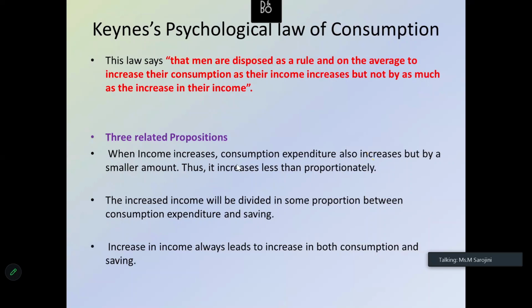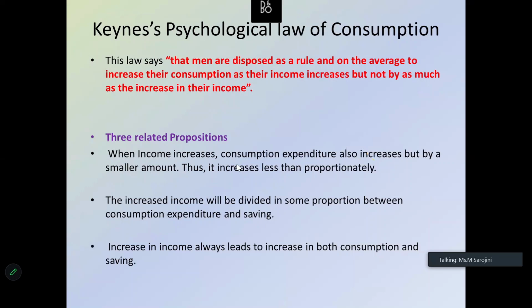Here there are three related propositions. The first one is that when income increases, consumption expenditure also increases, but by a smaller amount. Thus, it increases less than proportionately.